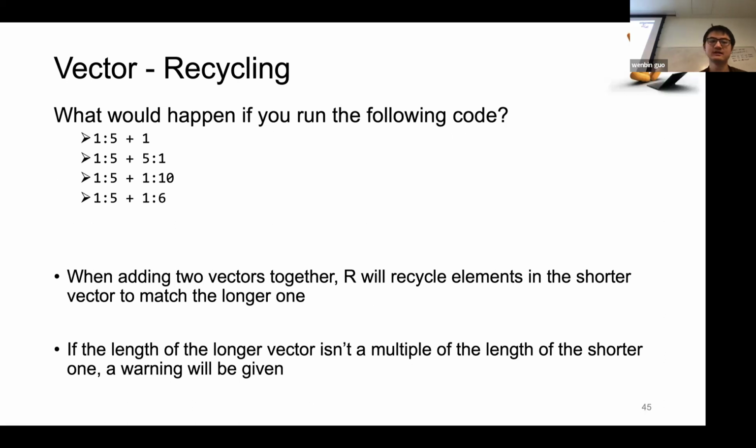So for example, in the very beginning, we computed vector addition with a constant value. In reality, what R does is replicate this scalar, which has length 1, to create a vector of length 5 where each element is 1. So this is why we see an element-wise addition, right? Basically, it is still computing with 2 vectors of 5 elements, and for each of the elements, they are summed up. So this is the element-wise addition.